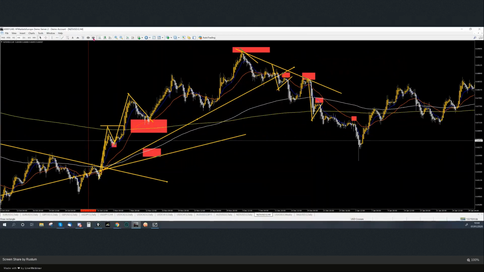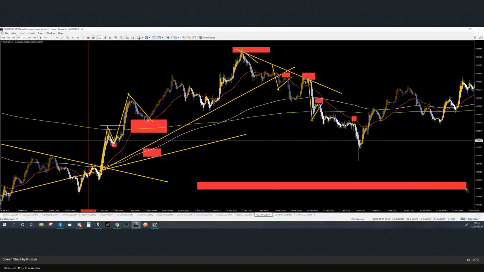Now, the closer it gets to a potential target here, the less interested I become. So I am most interested in the first opportunity, the first break, pullback to the 36 or a trend line. That is where I'm most interested. And as it's getting closer and closer, my R is becoming less and less attractive, because we're getting closer and closer to the target.